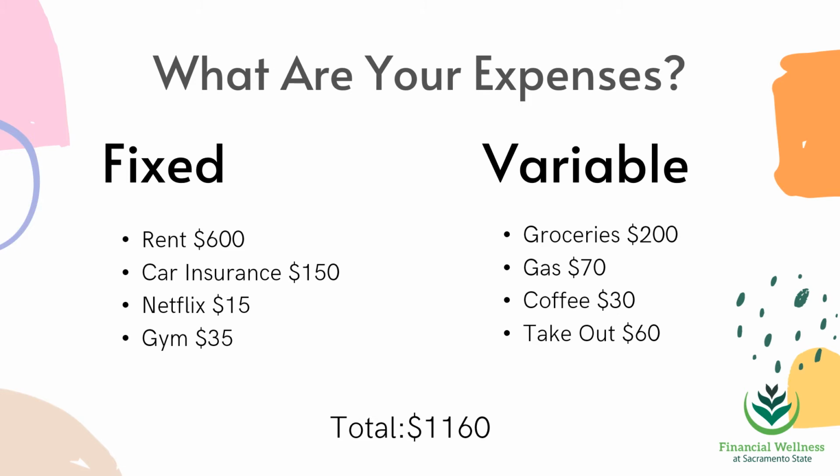These are things like groceries, gas, meals out, things that you probably won't spend the exact same amount on every single month. So in this example, fixed items include things like rent, car insurance, Netflix, the gym, and variable things like groceries, gas, coffee, and takeout, for a grand total of $1,160.